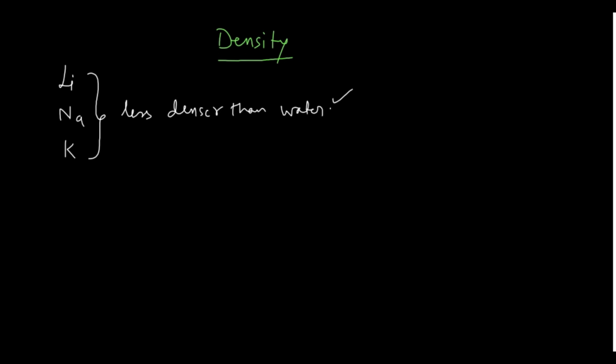The implication is that if you put these metals into water, they will not go down to the bottom of the water. They will float over the surface of the water.